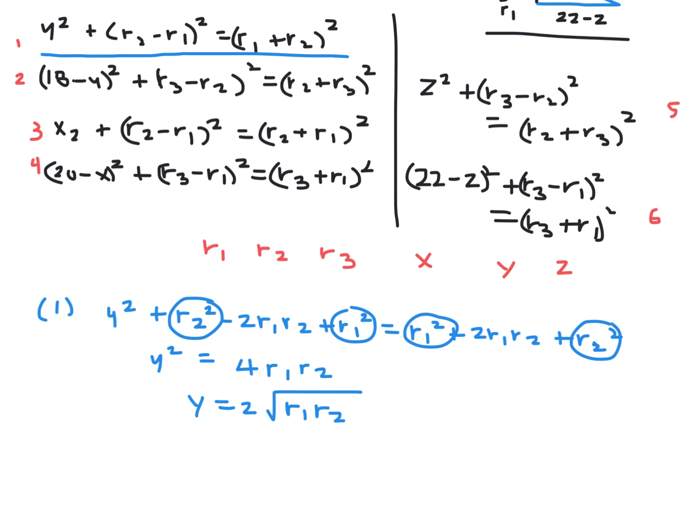The other ones I'll let you do, meaning expanding them and collecting like terms. And when you do, you get the following. You get 18 minus y is equal to 2 times the square root of r2r3.